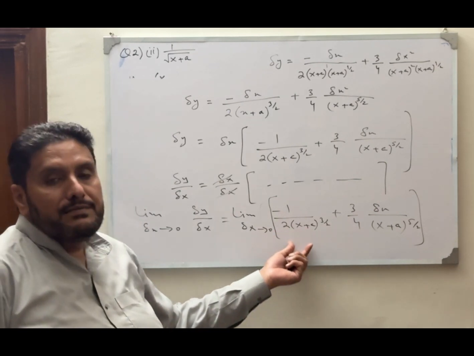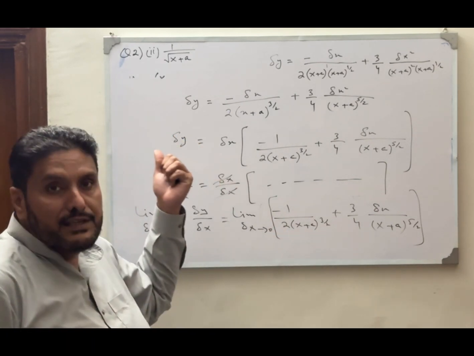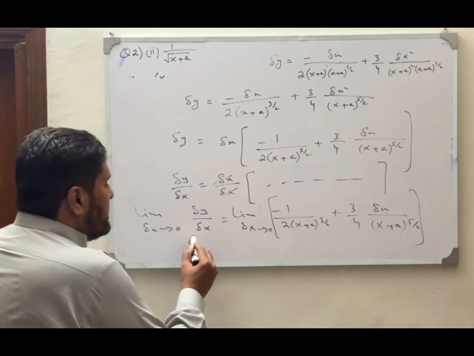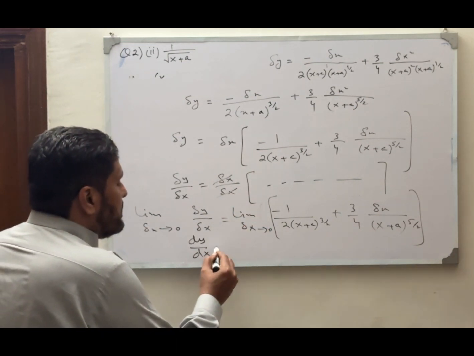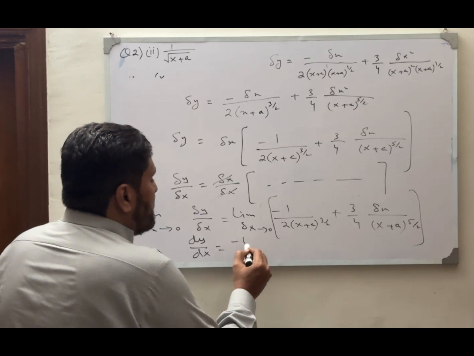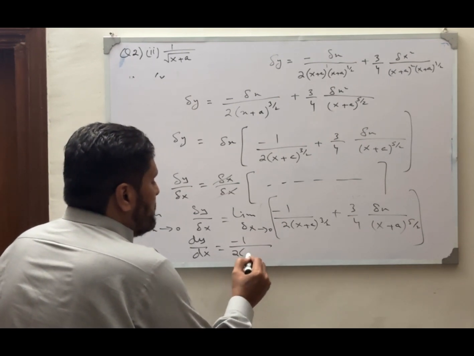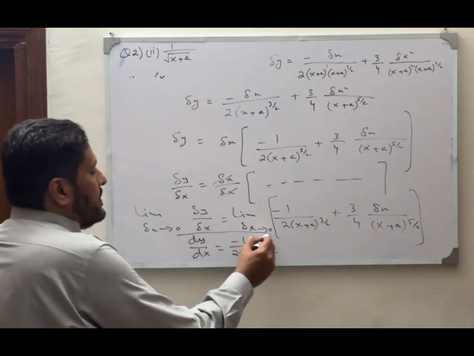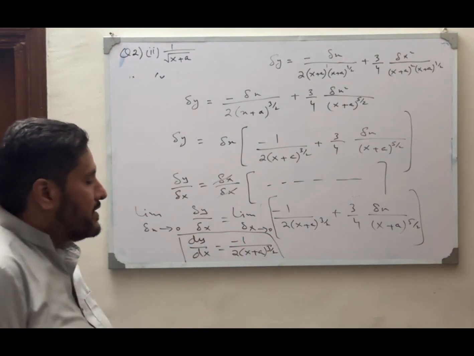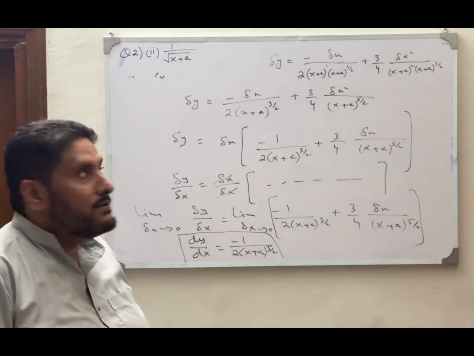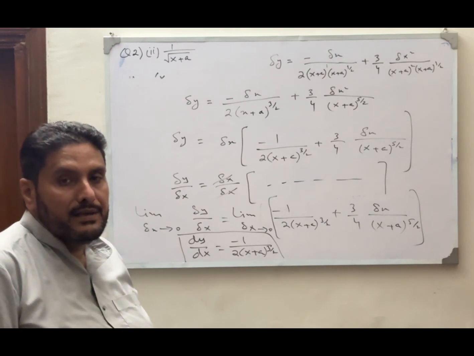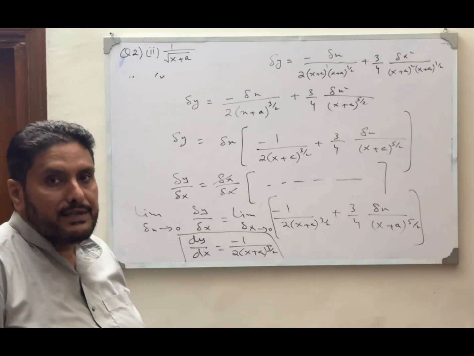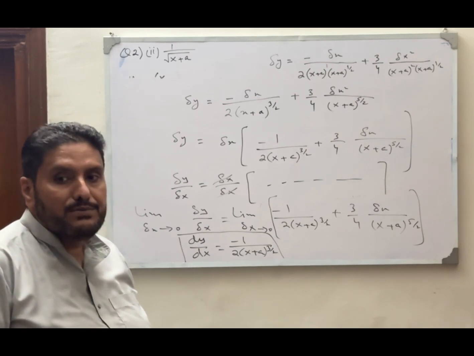So that will be our result for this given function, and our dy by dx is equal to minus 1 by 2 into (x + a) power 3 by 2. This is our desired derivative for this given function, and this is the last question of this exercise, and that is going to be completed.